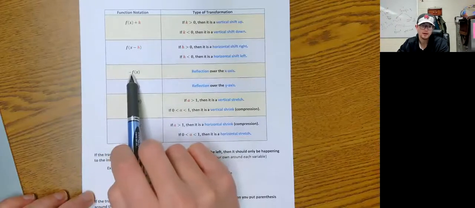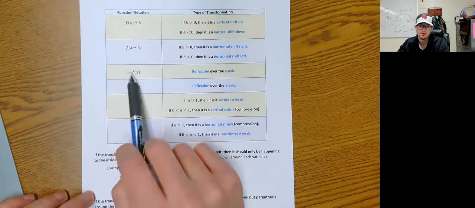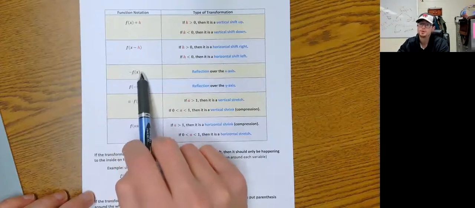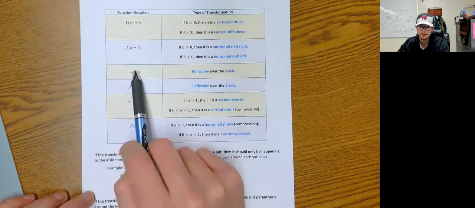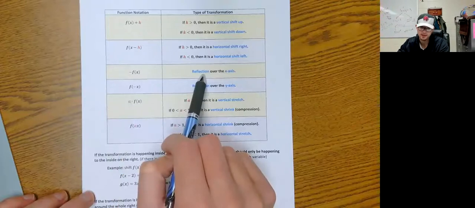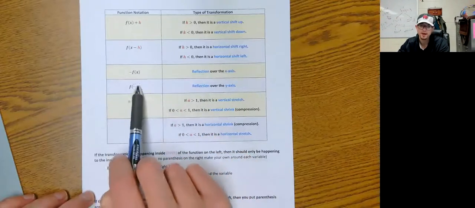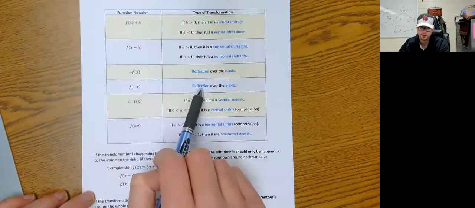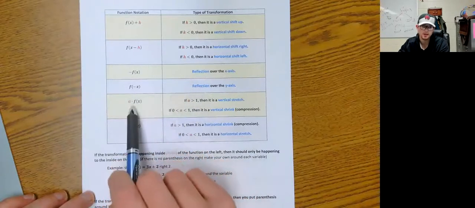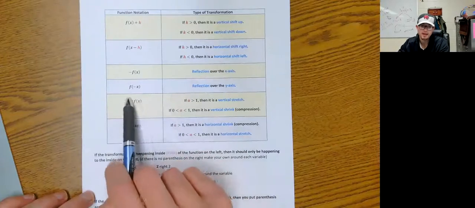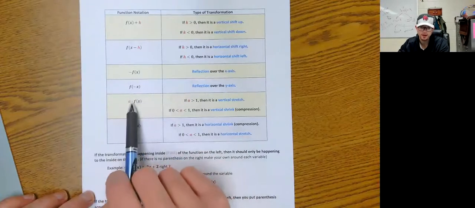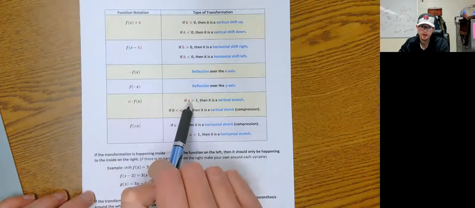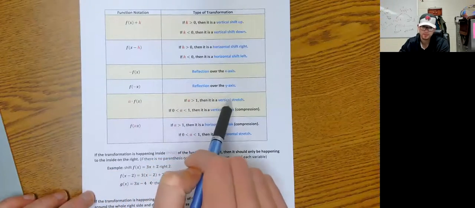Now, if we change the sign, multiply the entire function by a negative, that's a reflection over the x-axis. If we multiply only the input by a negative, that is a reflection over the y-axis. If we multiply the entire function by a value and that value is greater than 1, then it'll be a vertical stretch.